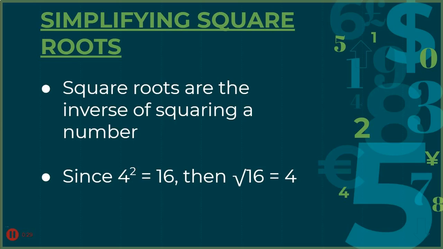Since we know that 4 squared is 16, we can then say the square root of 16 is 4. So anytime that we are taking the square root of something, we are looking for a pair of numbers that when I multiply it to itself gives that number. Since 4 times 4 is 16, the square root of 16 is 4. So we're looking for pairs of numbers.